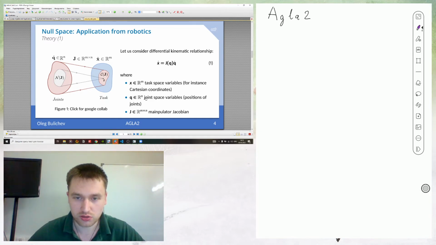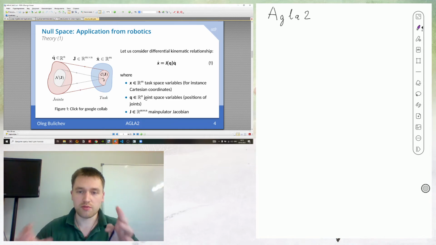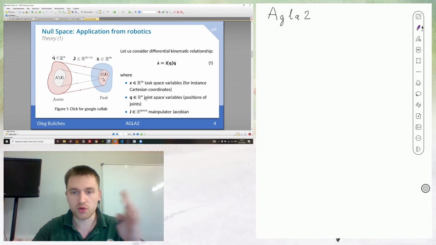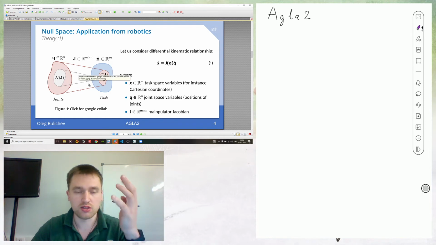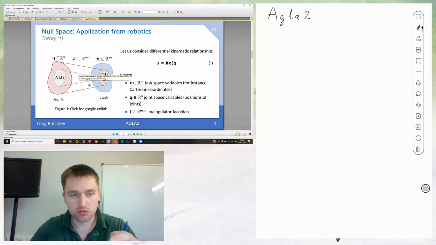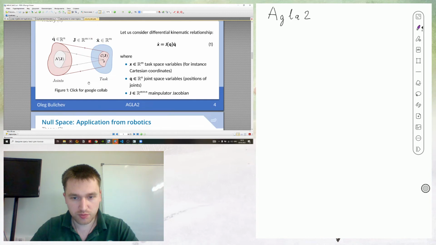But you will study it soon. It helps you make a matrix which takes you from one space to another, in our case from Cartesian space to joint space. In our case, we have more joints than tasks, and we will receive null space.